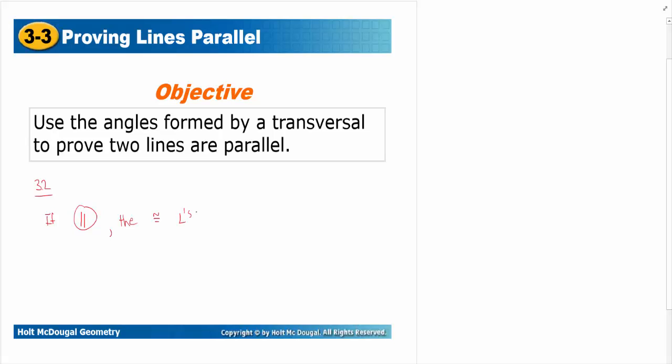If you had parallel lines, then we were able to use the transversals to find congruent angles. Well, now we're going to switch those around. If we know, for example, that all interior angles are congruent, then I can state that the lines formed by the transversal are parallel. So again, that's our objective, to make sure we understand and are able to prove those theorems.